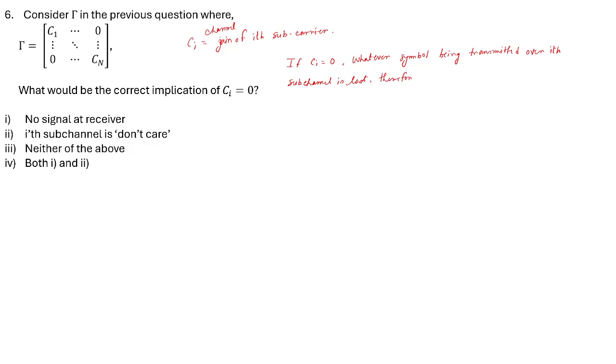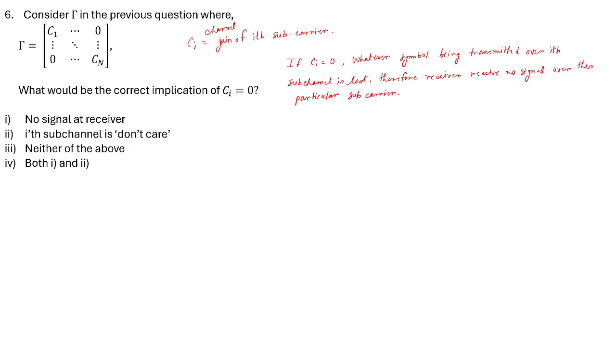Therefore, the receiver receives no signal over this particular subcarrier. So you have seen that there is no signal at the receiver for this particular subcarrier, subchannel, however you want to say.